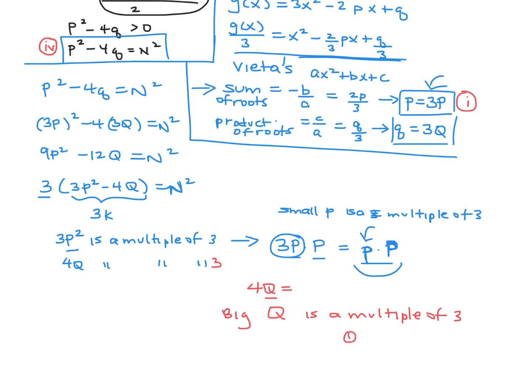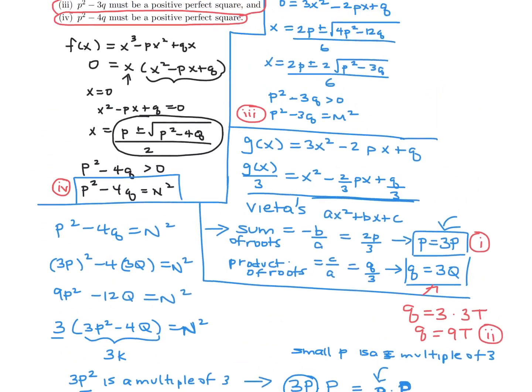So it's like Q is equal to 3t, let's say. And then going back to here, that means small q is equal to 3 times big Q, which is 3t. So q is equal to 9t. And that proves that small q is a multiple of 9, which is the last part of the puzzle.